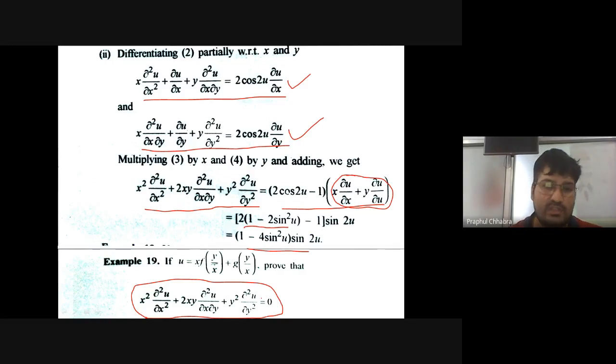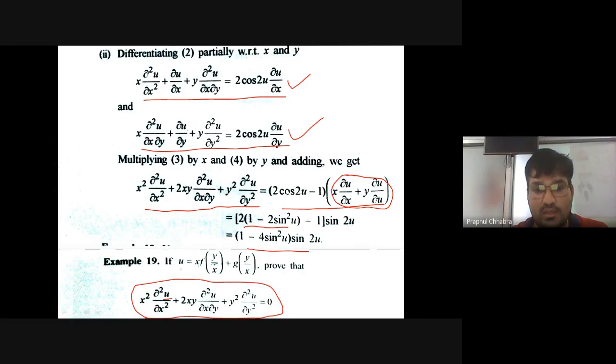In the last question, we saw that this expression can be proved only when the first expression of Euler's theorem can be proved. This expression is applied on the function u, so u must be homogeneous.